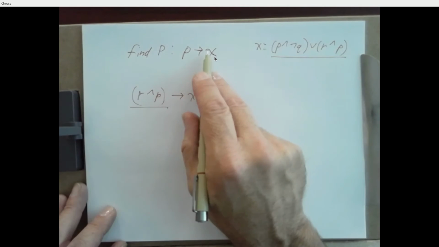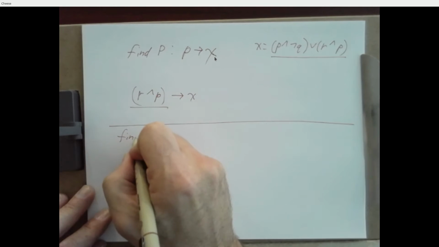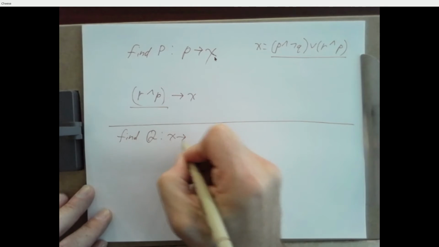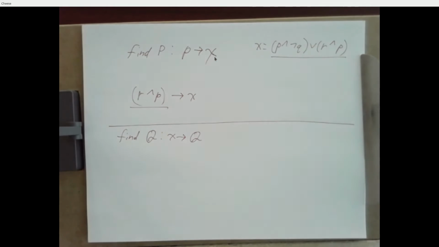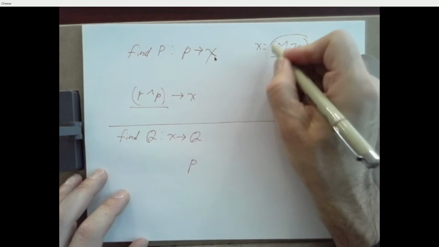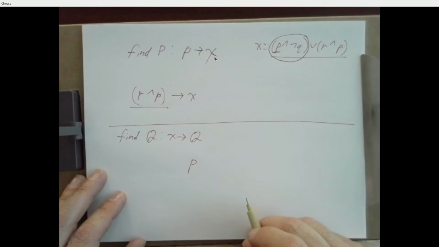All right, so here we're finding a P that implies X. The next part of the question is find some Q such that X implies that proposition. So find something that has got to be true if X is true. How about P? If X is true, this AND must be true, which means in particular P must be true, right?